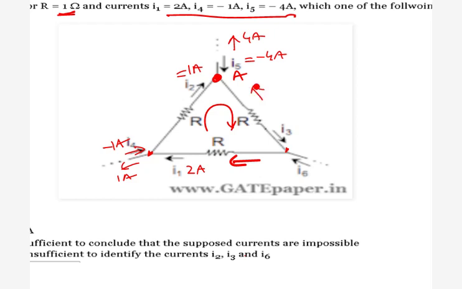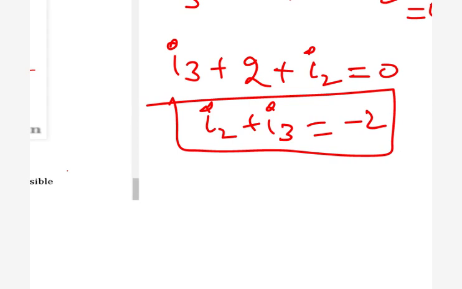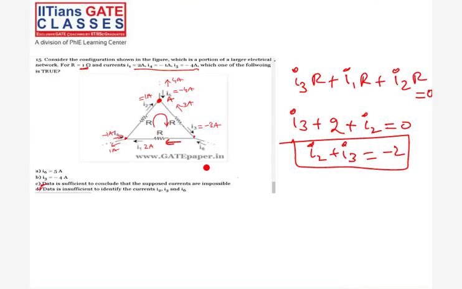So I have I3 as -3 amperes. So I can solve this as I2 minus 3 equal to -2. So I2 is equal to 1 ampere, and I3 is equal to -3 amperes.